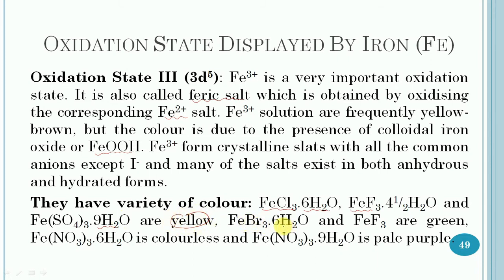Ferric bromide with 6 water molecules and ferric fluoride are green in color. Iron nitrate with 6 molecules of water is colorless, and iron nitrate with 9 molecules of water is pale purple in color.